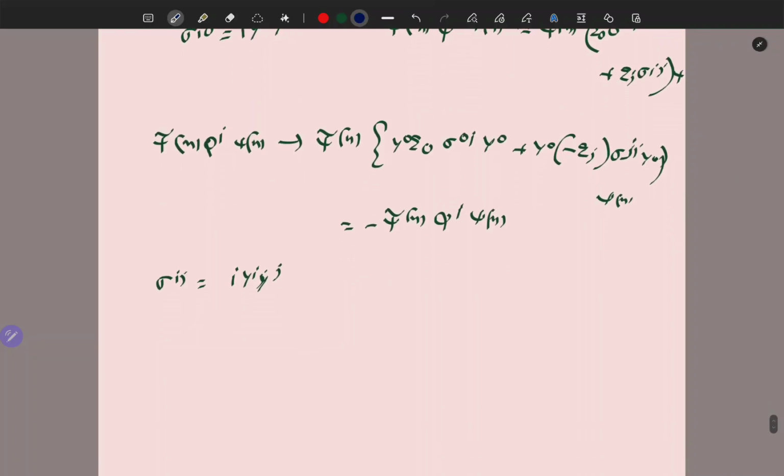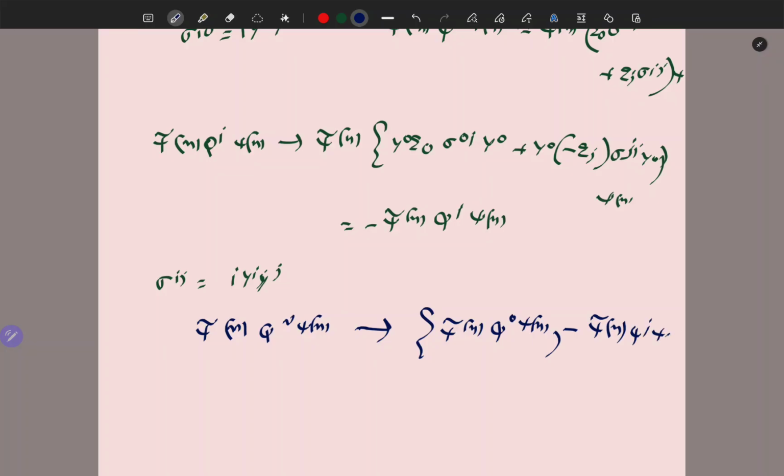Thus psi tilde of x q nu psi of x tends to psi tilde of x q0 psi of x minus psi tilde of x qi psi of x, which is a vector.